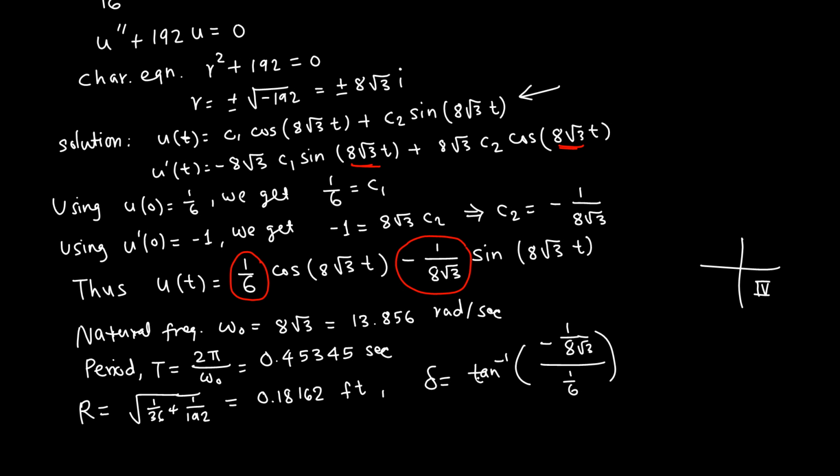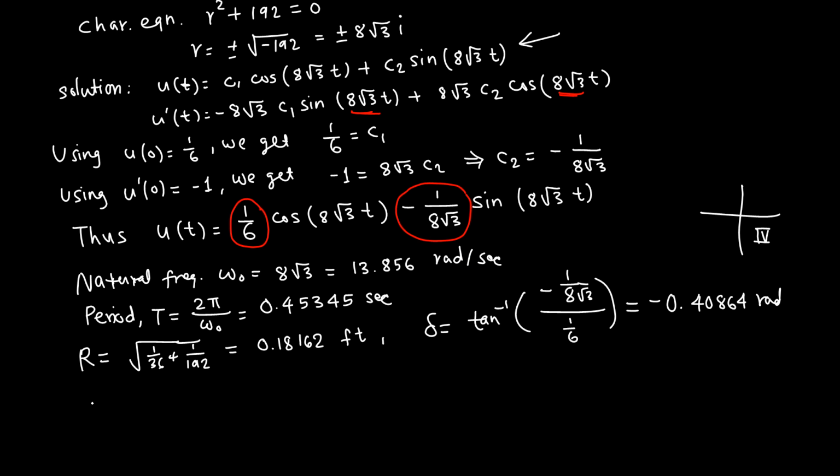And when we evaluate tangent inverse, we always get the answer either in first quadrant or, sorry, in the fourth quadrant. So we are getting the correct answer. If we were in like second quadrant or third quadrant, then we had to use plus pi. So use your calculator, and this gives you negative 0.40864.